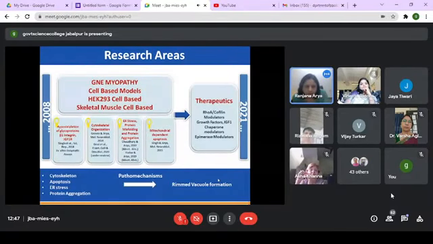So all these have been worked on. The first challenge, as I was discussing earlier, is that you need to identify a cell-based model to begin with and address the therapeutics.